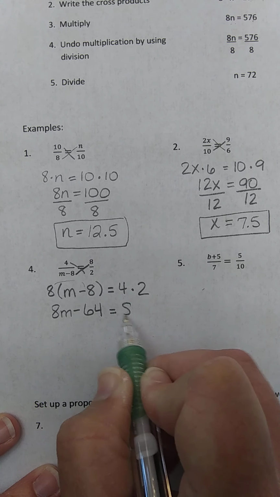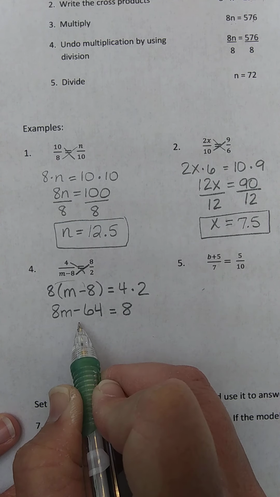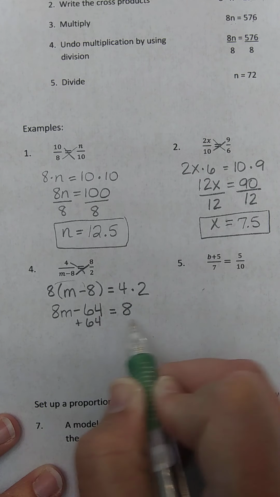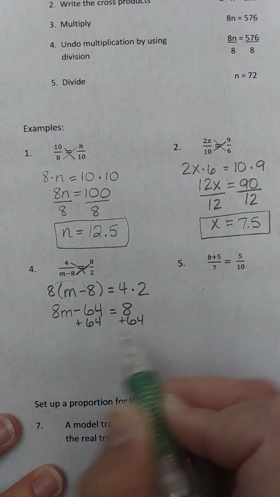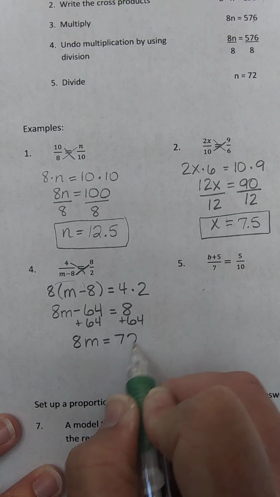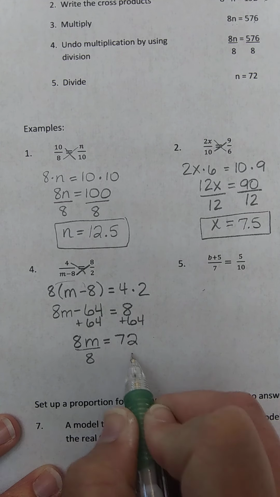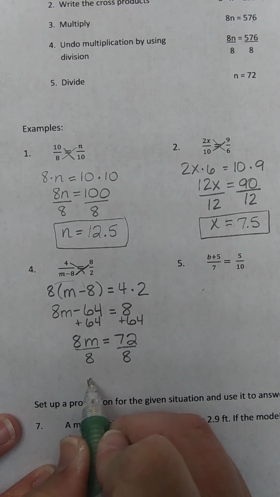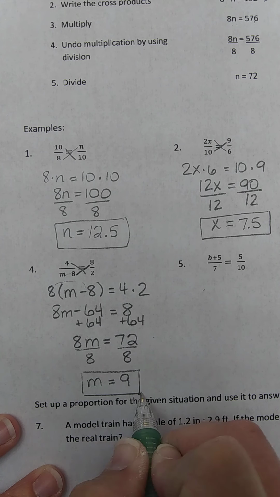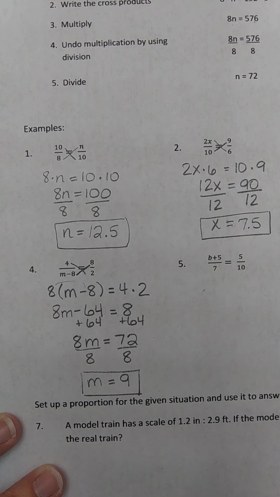Then 4 times 2 is 8. To get m alone, though, we'll have to do more than just divide by 8. We also need to add that 64. So now we get 8m equals 72. Then we can divide by our 8, and we should get m equaling 9. Again, that nice whole number answer.